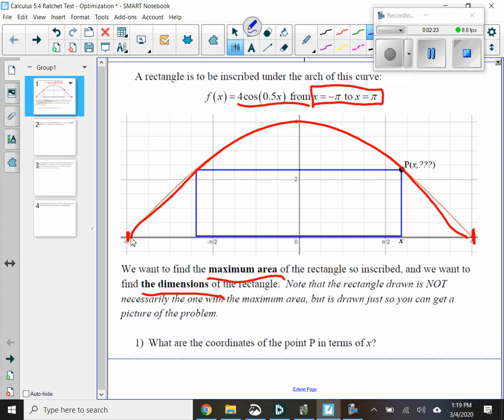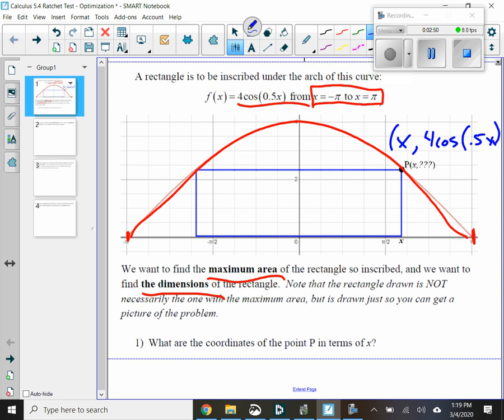Well, f of x, that's exactly right. And what is f of x? It's right there. It's 4 cosine 0.5x. It's like right there in front of your face, right? So it's x, comma, 4 cosine 0.5x.